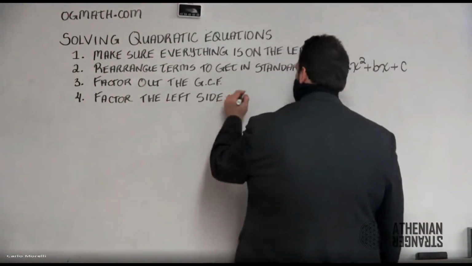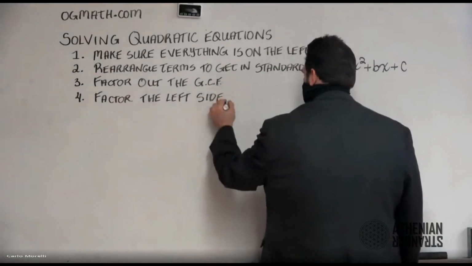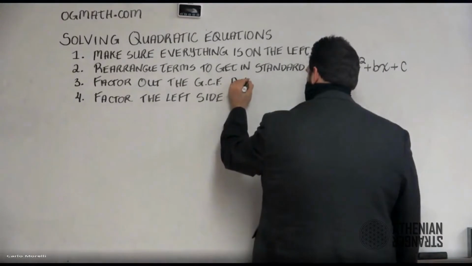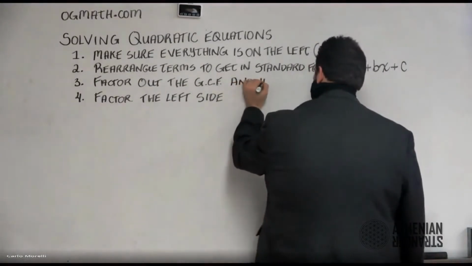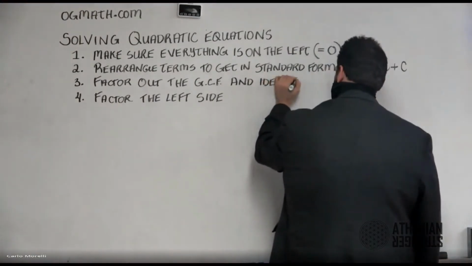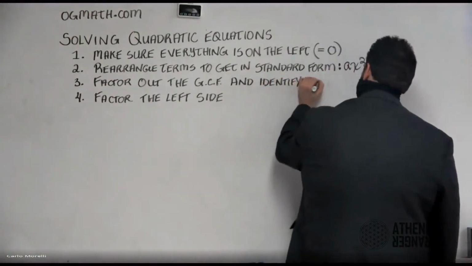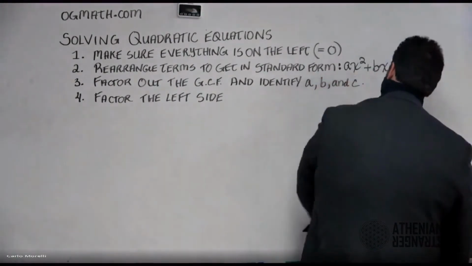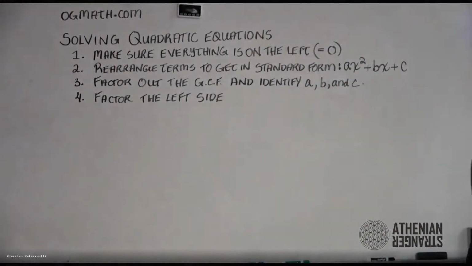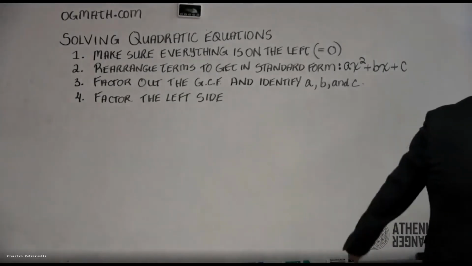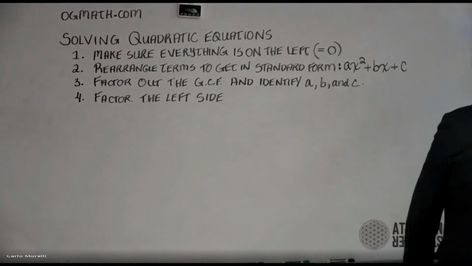Somewhere between step 3 and 4, we'll write: identify a, b, and c. It's important that we actually write out what they are, because you're going to need those multiple times during the problem. So those are our 4 steps so far.